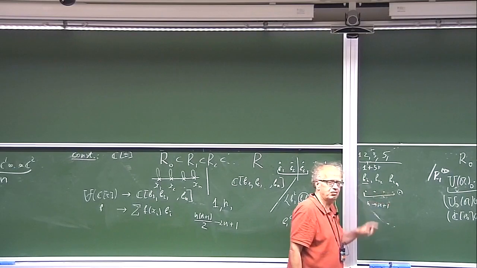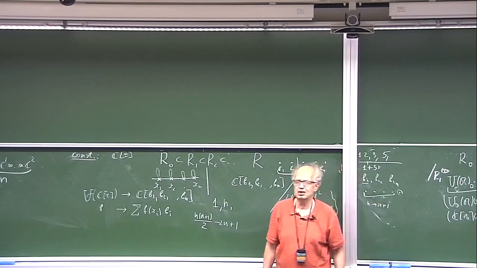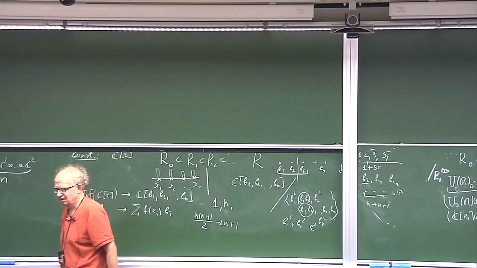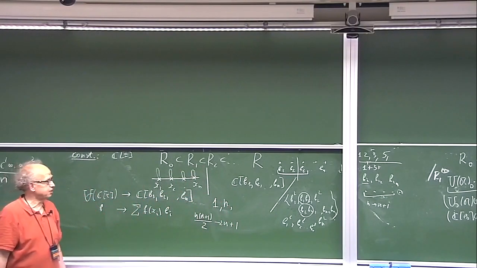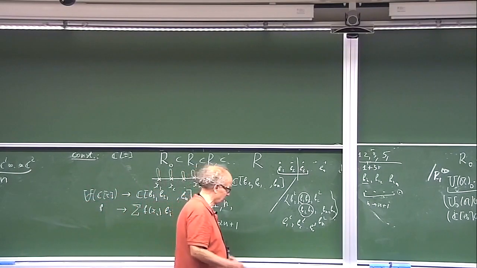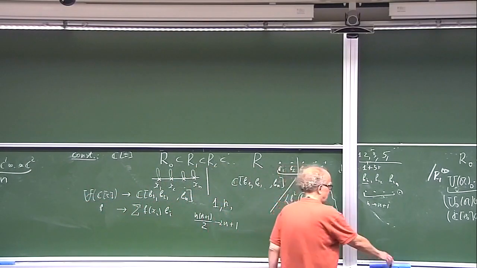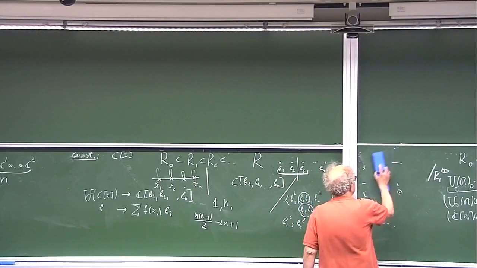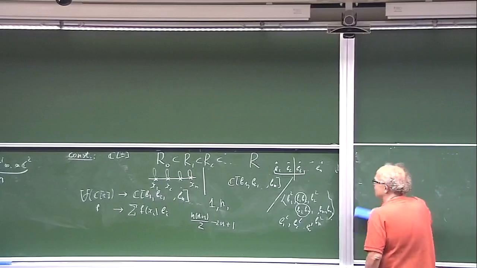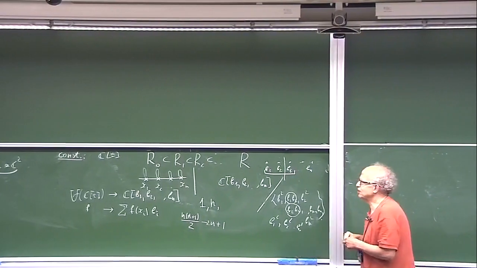Therefore, they are Fibonacci numbers. So Fibonacci numbers, this is a well-known thing, and maybe this is almost the end.